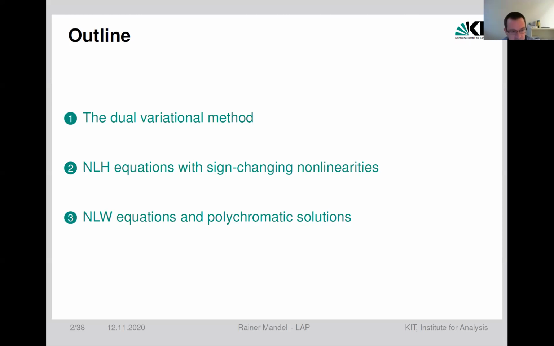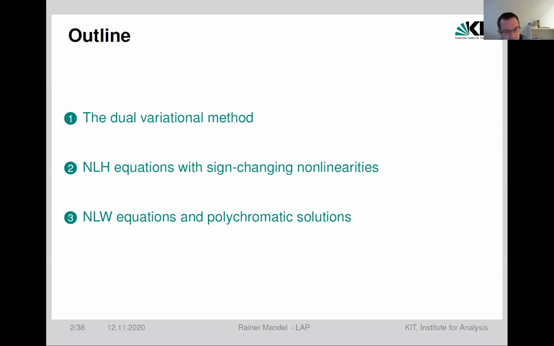In the second part of my talk, I would like to concern one generalization of what one typically calls the dual variational method, namely I want to apply it to the nonlinear Helmholtz equation with sign-changing nonlinearity, and we will see that the dual variational method there becomes more difficult because of strong indefiniteness of functionals.